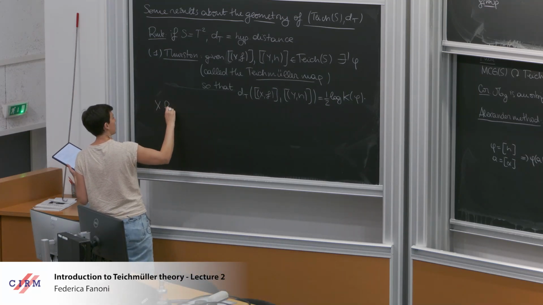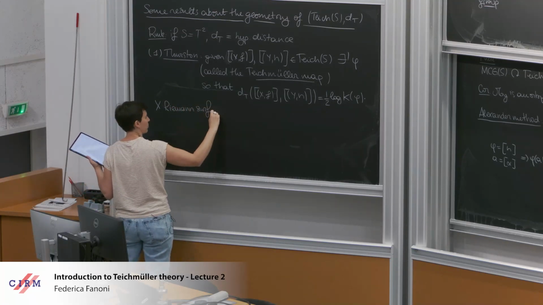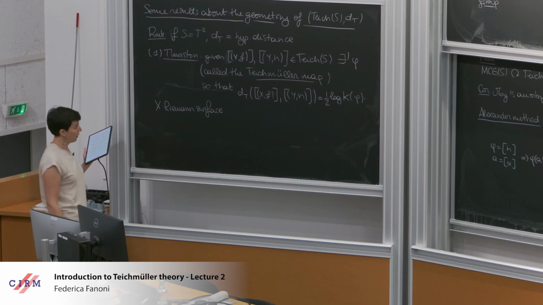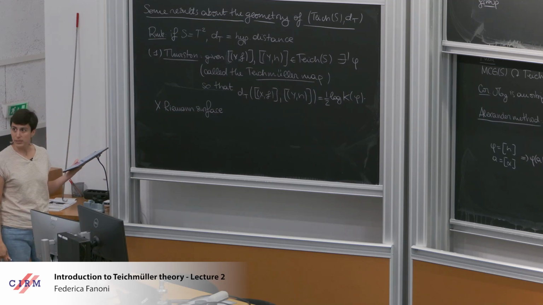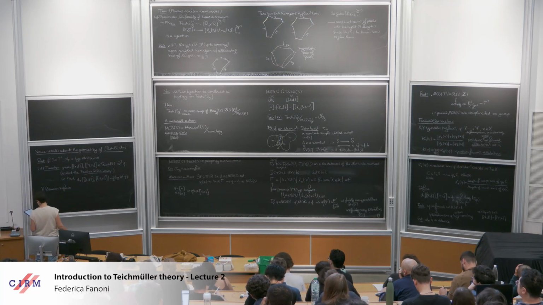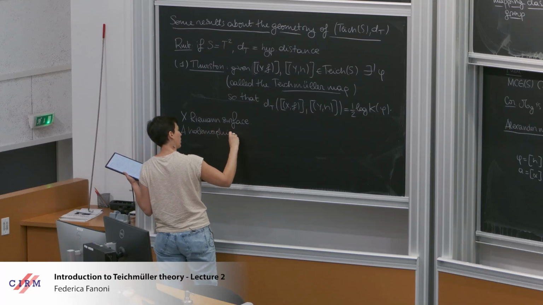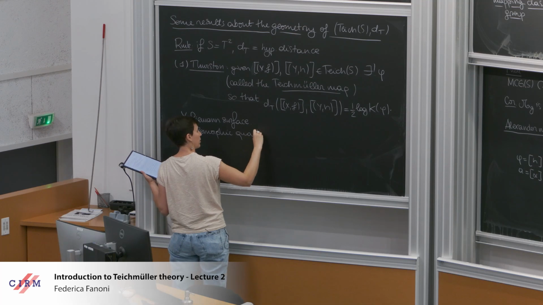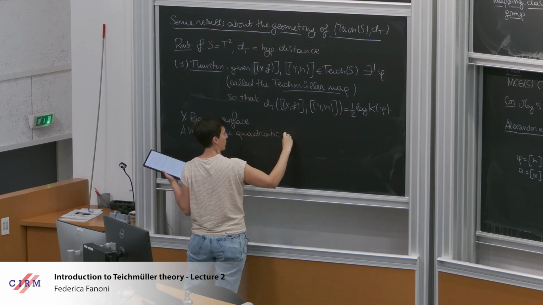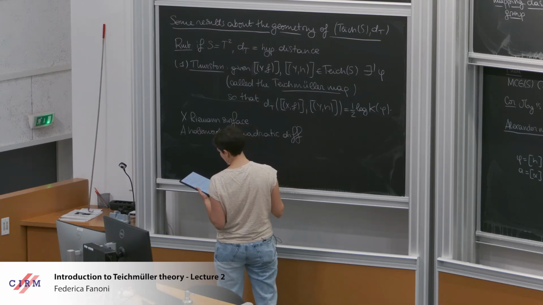So I pick X, a Riemann surface. I'm going to take this viewpoint. We've already seen that a hyperbolic surface has a naturally associated Riemann surface, so we can just look at this viewpoint. Then a holomorphic quadratic differential. I'm going to give first a definition that might not tell you anything, and then something concrete.